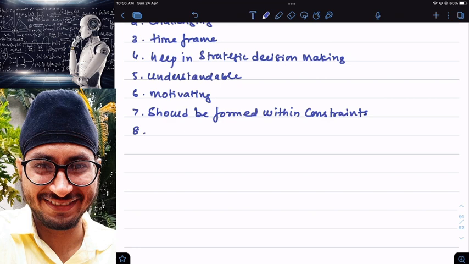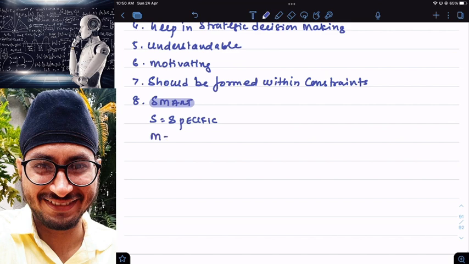And objective should be concrete, or you can say objective should be SMART. Always remember, a business objective should be SMART, where S means specific, M means measurable, A means achievable.